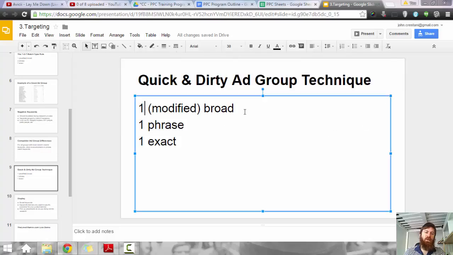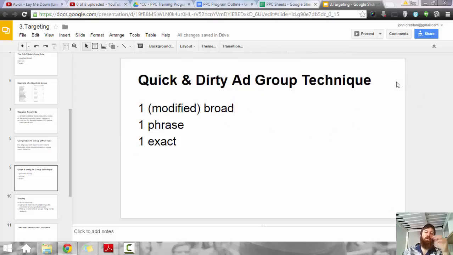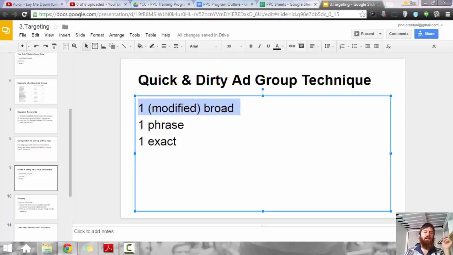I only advise this for people who are advanced and extremely confident in everything else they're doing, such as if you know your landing pages convert, you should have at least 10,000 visitors a day coming to your websites, and be confident that you know what you're doing and what conversion rates you'll see, and have AdWords campaigns working, using one modified broad, one phrase, and one exact.